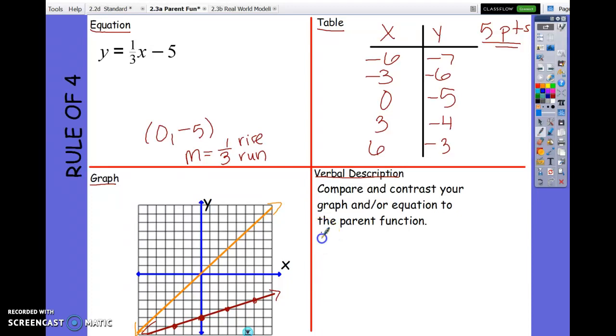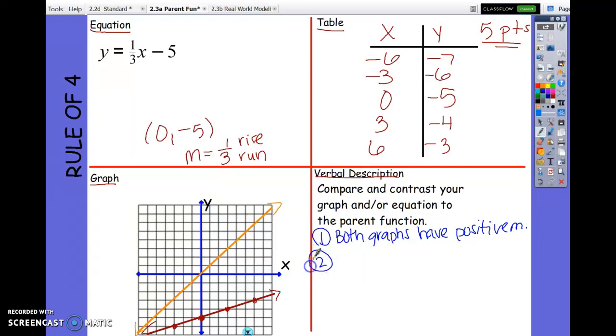The first thing is the direction. Notice that both of our graphs are increasing. So we can say that both graphs are increasing, or both graphs have a positive slope. That is our first transformation, talking about which direction they are going.